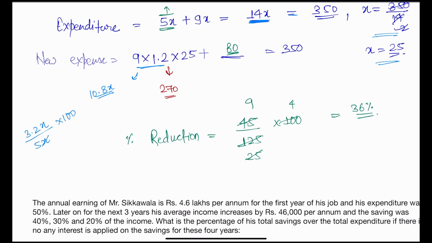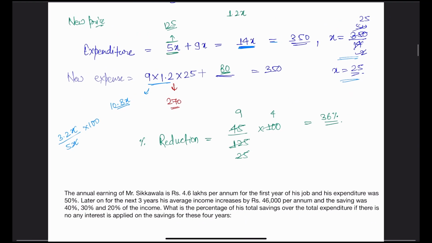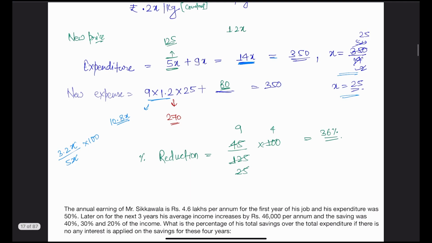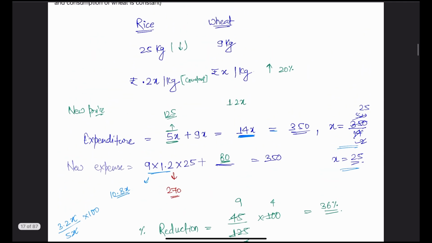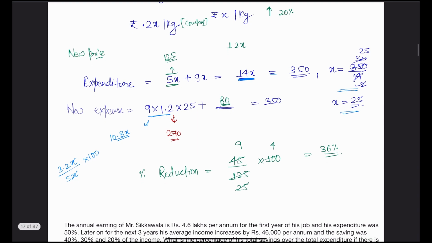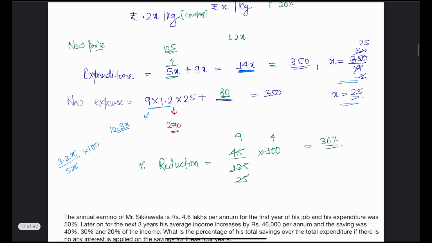If I multiply with this one, I will not get the answer. 1.2, right? So 1.2 consumption is same. 1.2 12 lambda 108 10.8x 14x. So 10.8 to 3.2, but it was 5x.